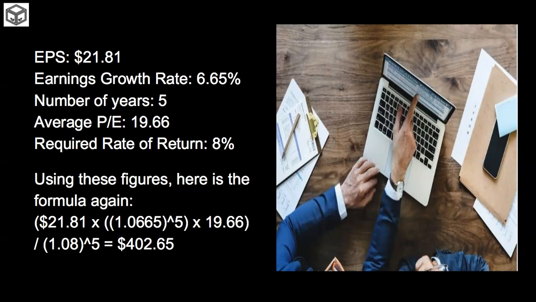When we use those figures back in our formula, you can see how it's calculated. So 21.81, which is the earnings per share, times 1 plus the earnings growth rate of 6.65% raised to the 5 years, multiply that by the average PE ratio of 19.66, and then divide that by 1 plus our required rate of return raised to 5 years.